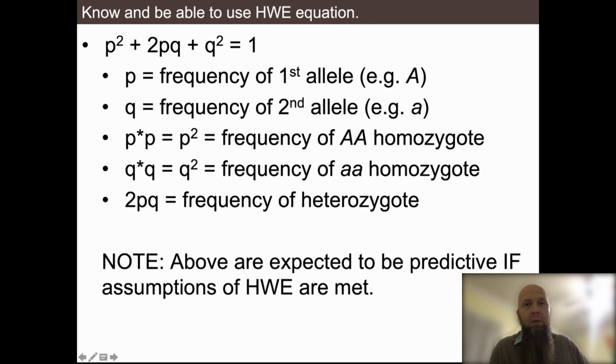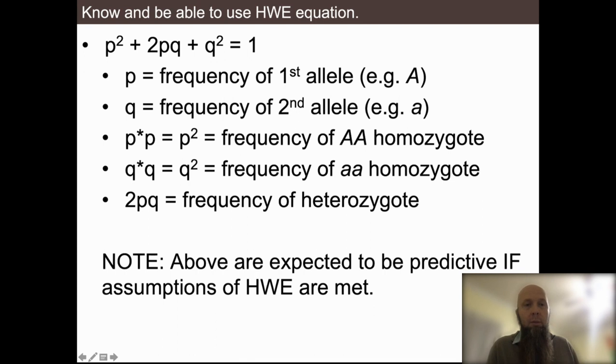There are plenty of short videos you could watch on YouTube, or there's an example in your text that you could use to make sure that you understand how to calculate the expected frequency of a genotype given allele frequencies. I won't use examples with more than two alleles. You can do that in genetics. So nothing more complex than what you've seen here, but you should understand the Hardy-Weinberg equation.